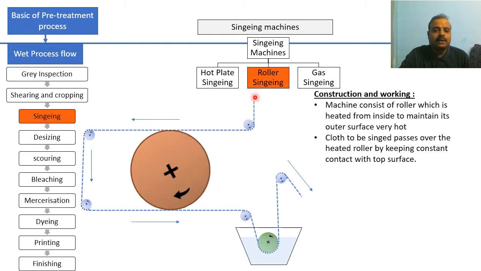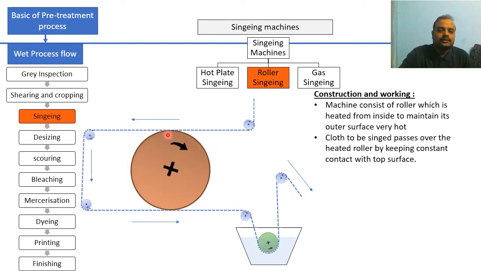So what will happen if the fabric is moving like this? Its bottom surface gets singed because it is in contact with the hot roller, and the direction of the hot roller is exactly opposite to the direction of passing the cloth. You can see the cloth is passing from right to left, whereas the roller is moving from left to right.